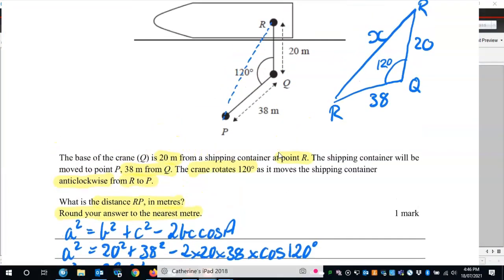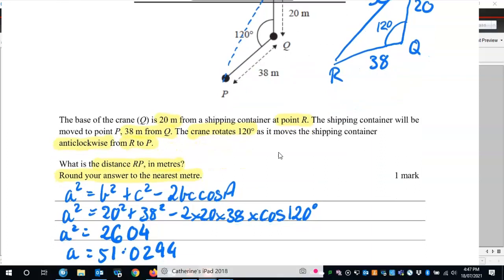So RP equals 51 meters. Okay, yeah, 56% of the state got 1 mark there. And their statement just was, this question was reasonably well done. So this was what they were basically expecting, this type of working.